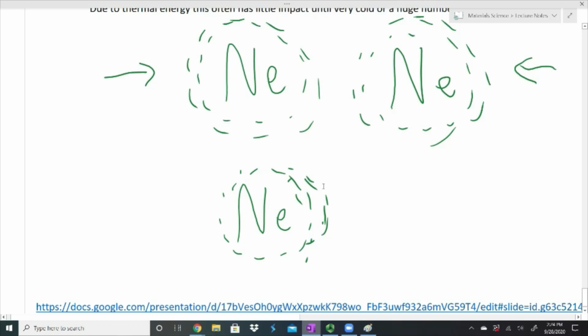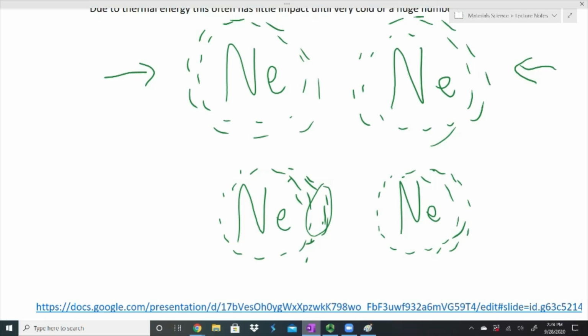Well, if it's close to the other one, it's going to shift the other one's electron cloud, because this negative charge here kind of pushes those other electrons away. Again, this normally only happens at super low temperatures or if we have so many things going on that it can be effective. This ends up being partially positive. This side is partially negative. This side is partially positive and this side is partially negative.